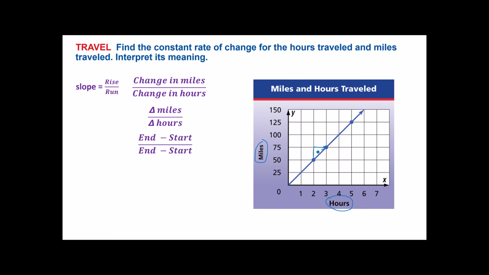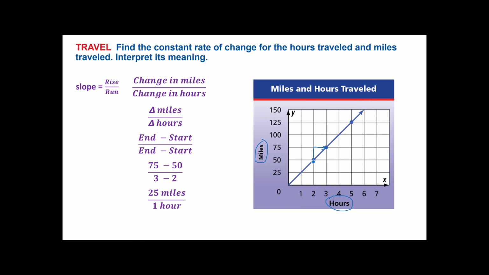If I'm going from this dot to this dot, I ended at 75, I started at 50, that's a rise of 25. If I'm going from this spot to this spot, and I'm looking at my hours, I ended at 3 hours, I started at 2 hours. So when I subtract those, I've grown 25 miles in 1 hour.